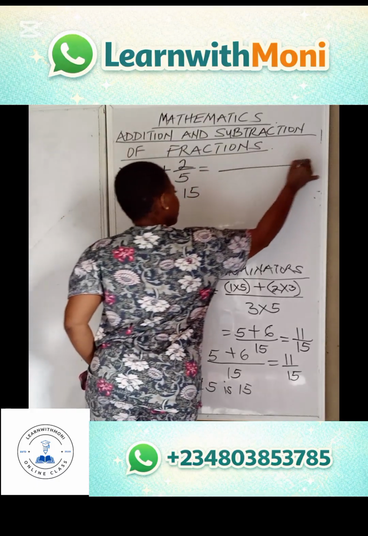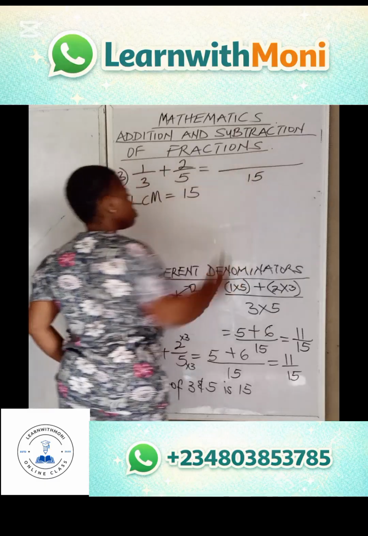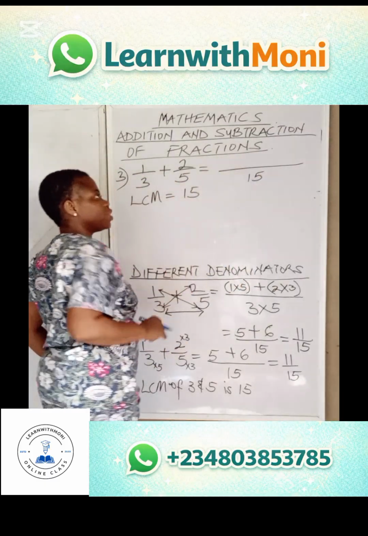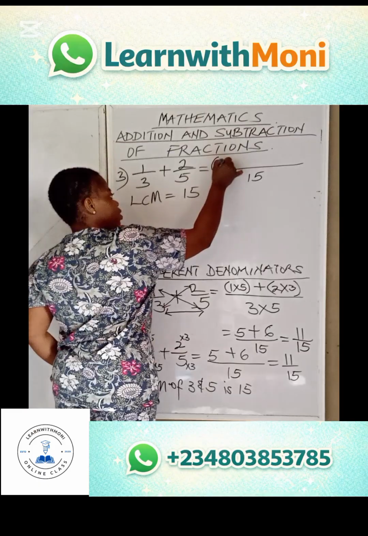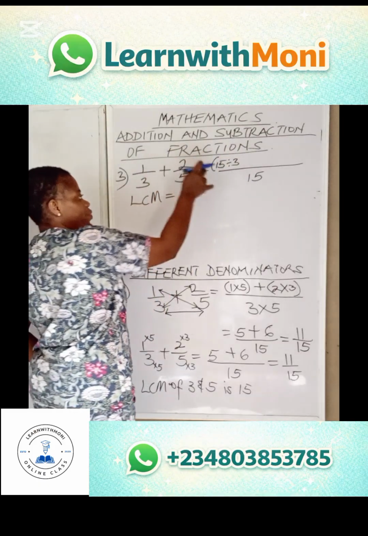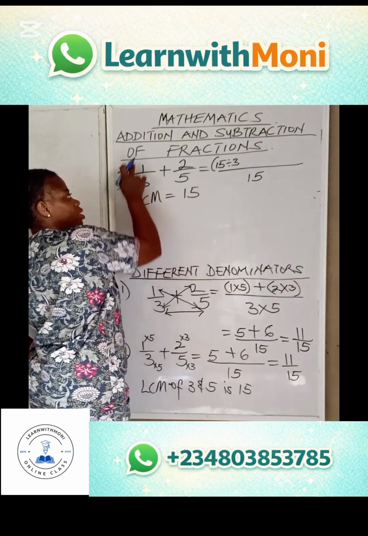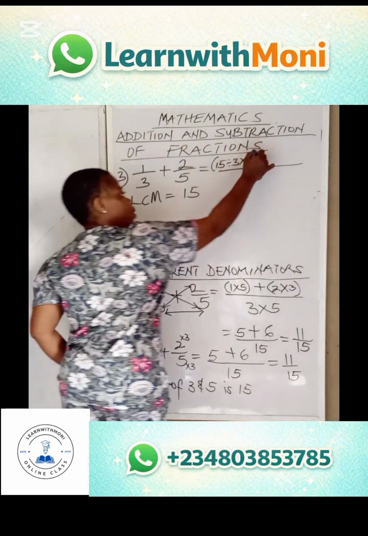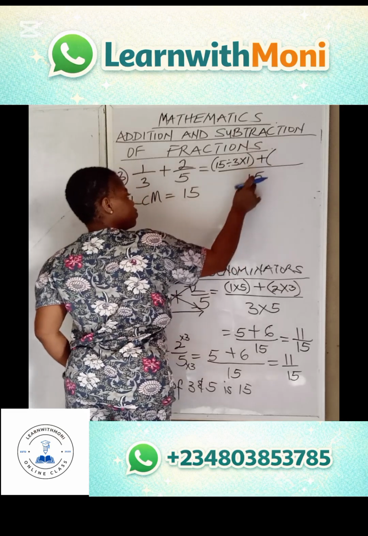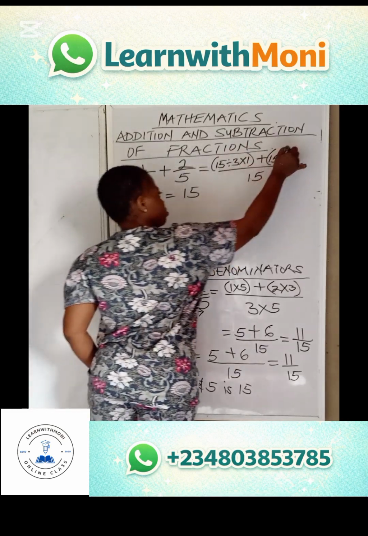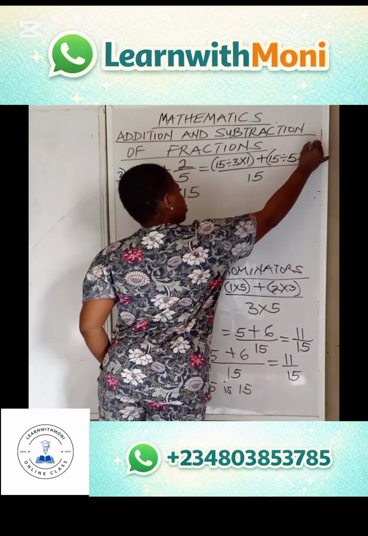So I'll be using it as the common denominator. Now, how many 3 can I get from 15? That means 15 divided by 3 times 1 plus 15 divided by 5 times 2.